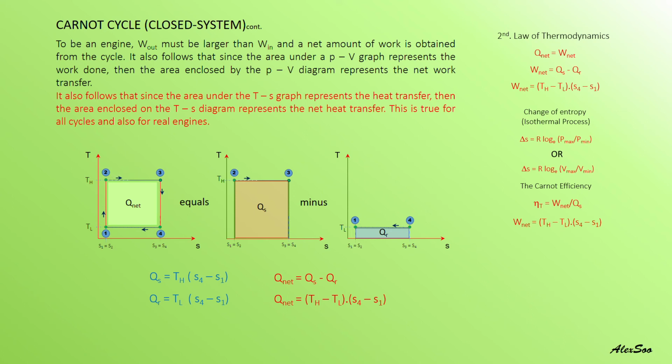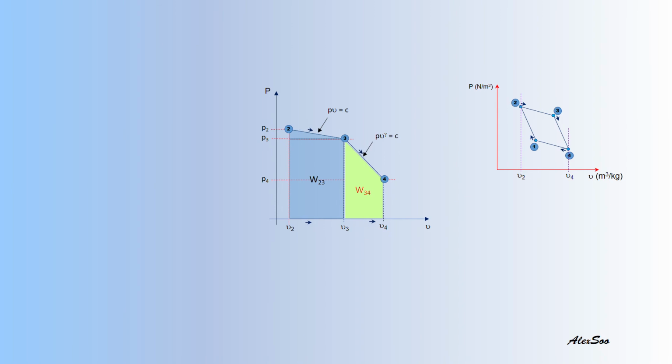So you have this for work net. Okay, so you have either this or that. So from the thermal efficiency, you have this, and from there, you have the work ratio. For this part, we will be looking at work ratio.